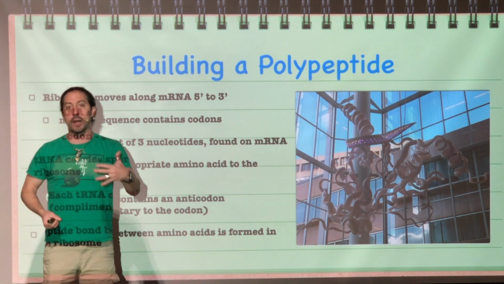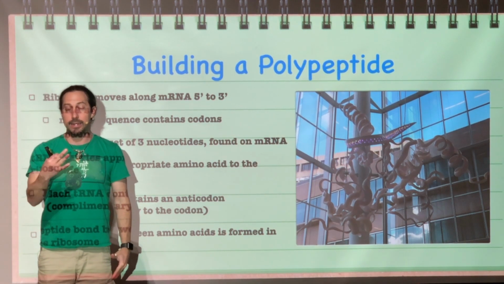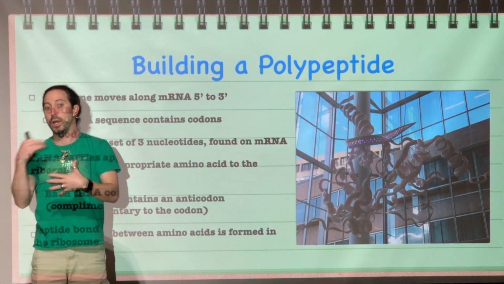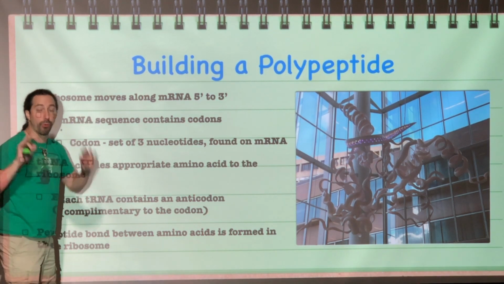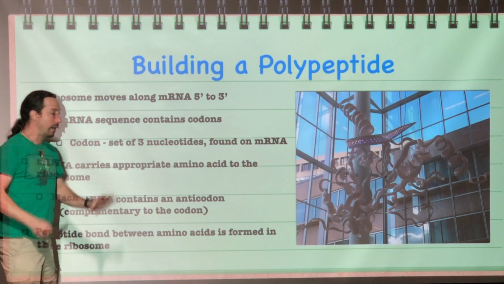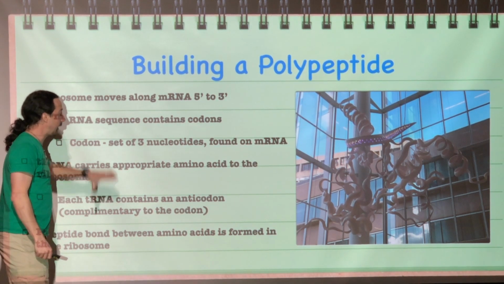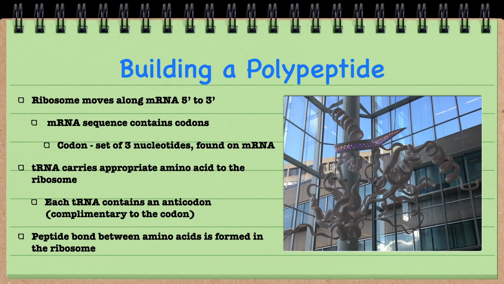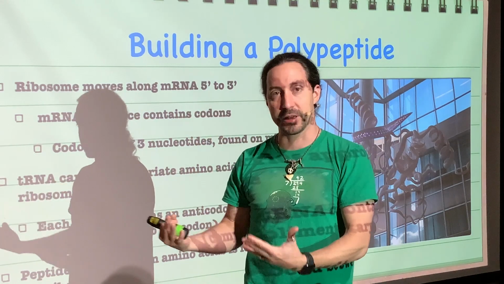So if the codon for the mRNA is an A and an A and an A, then the complement, or the anticodon, would be U, U, U. That is how the appropriate amino acid is added, because the tRNA has the appropriate sequence which will relate to the codon. And then, inside the ribosome, a peptide bond is formed between our different amino acids, making our polypeptide.